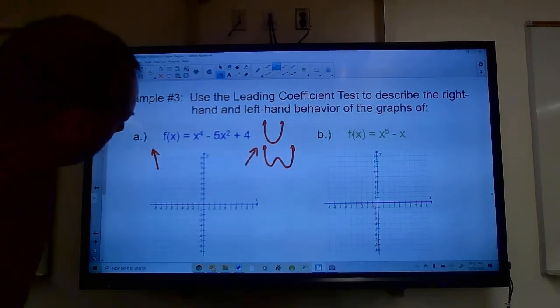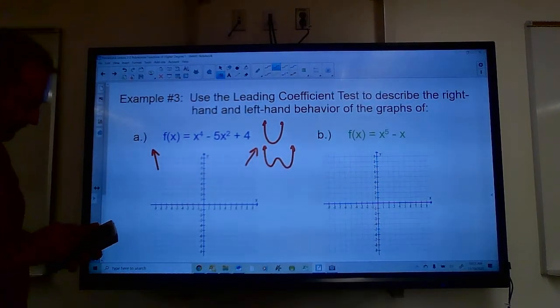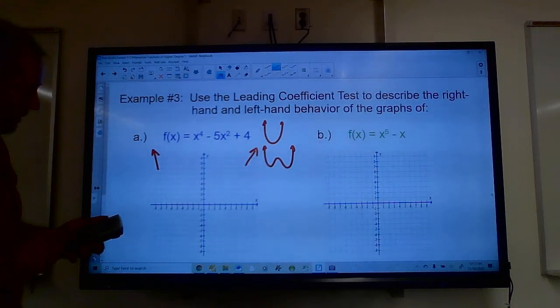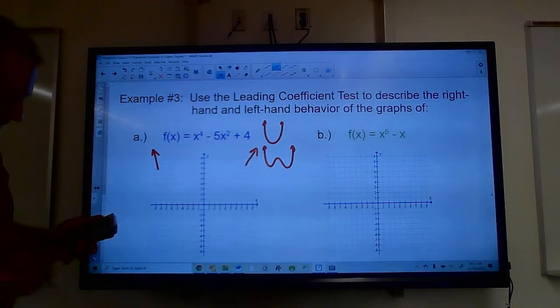All right, so if I look in my graphing calculator, I can confirm this. I go y equals, clear the equation, x to the fourth minus 5x squared plus 4. Go ahead and graph it.